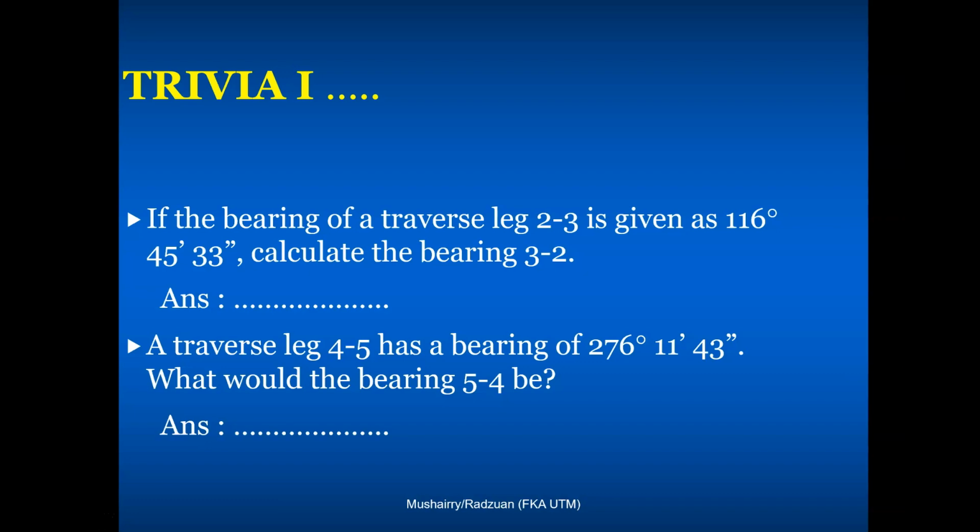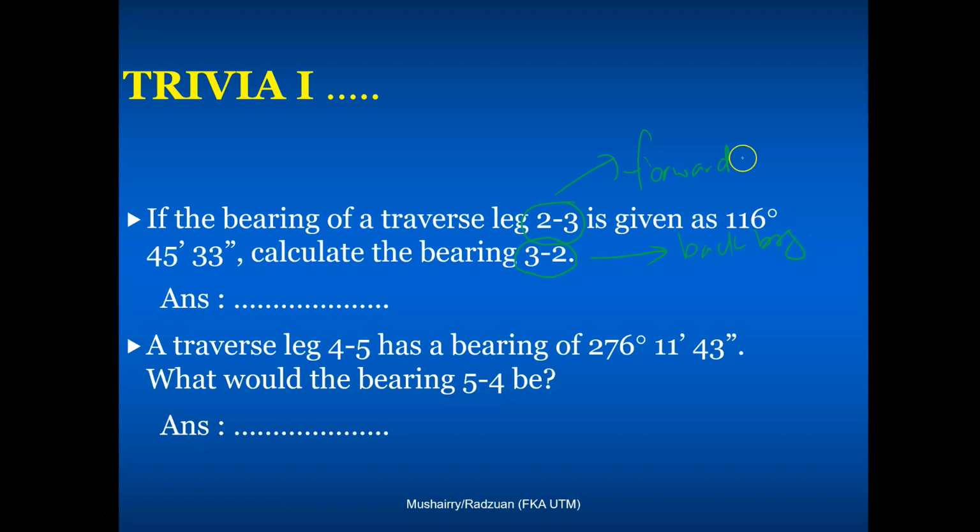Okay then, the first question says, if the bearing of a traverse line 2-3 is given as 116°45'13", calculate the bearing 3-2. Now you're given 2-3, and you're interested in 3-2, meaning that if I call that a forward bearing, then the given one will automatically be the back bearing.